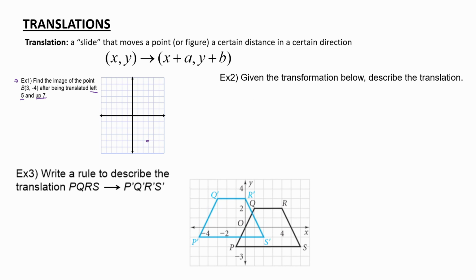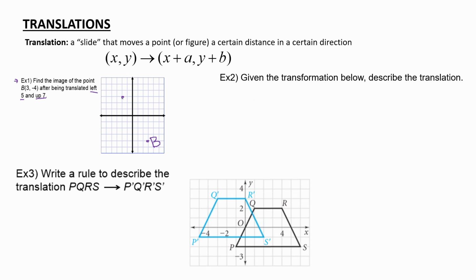So here's my point, which I'll label with a B. And I'm going to shift it and translate it left 5 and up 7. So I can go over 1, 2, 3, 4, 5, and then up 1, 2, 3, 4, 5, 6, 7.